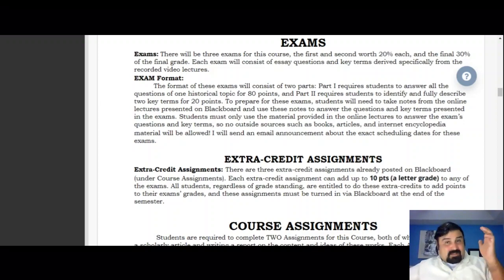Okay? So if you're wondering, how do I prepare for this? Well, once I finish each topic, I actually give you the questions in advance. So there's no mystery as to what kind of questions would be asked about, let's say, the indigenous peoples of Texas. At the end of the outline, at the very bottom of the document, I give you the questions.